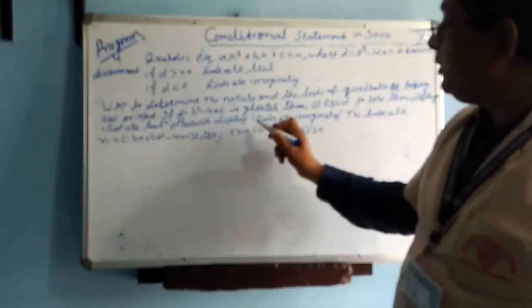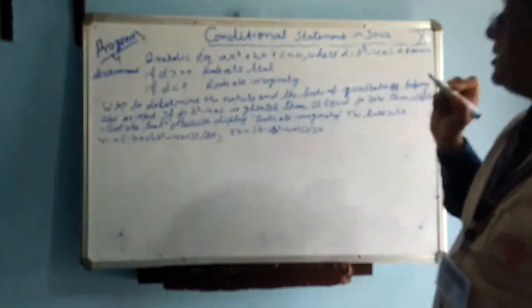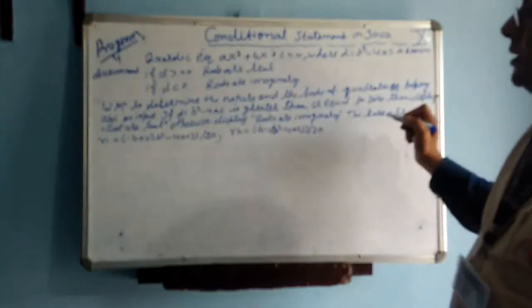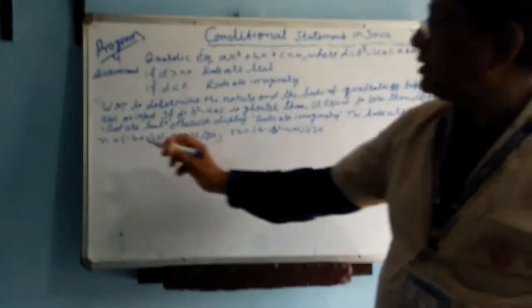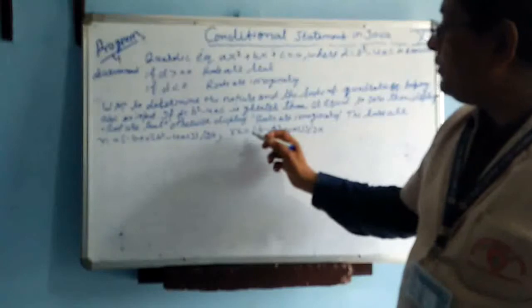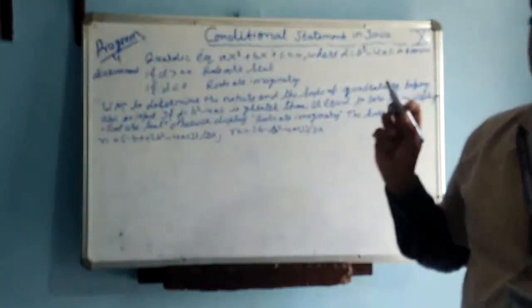Otherwise, it will display the roots are imaginary. The roots are given: the value of R1 is given by this one, and the R2 value is given by this one.